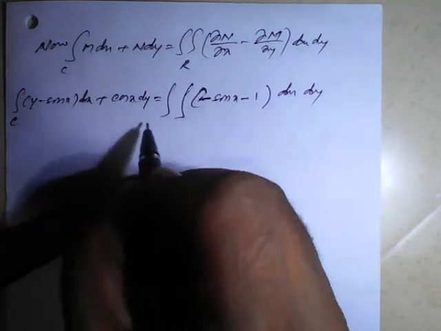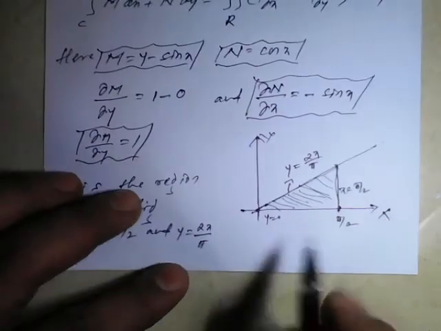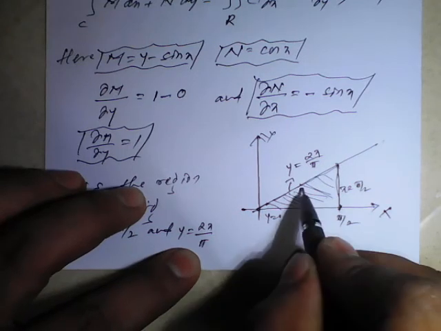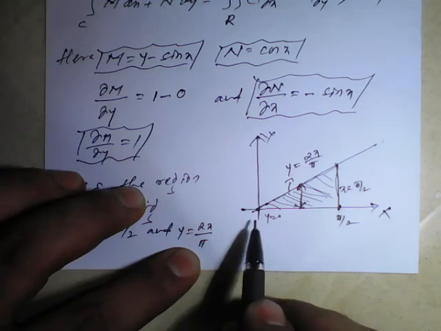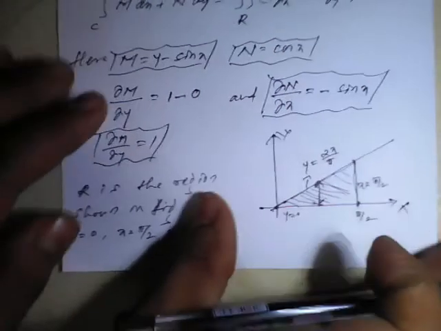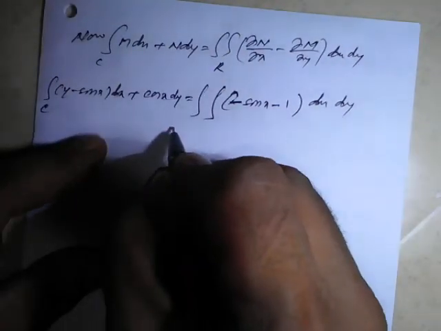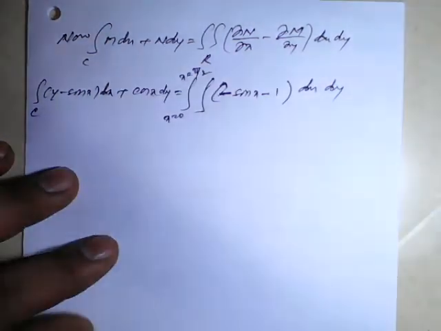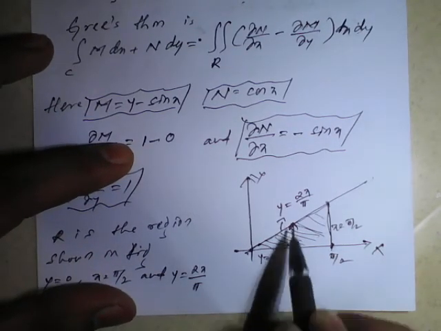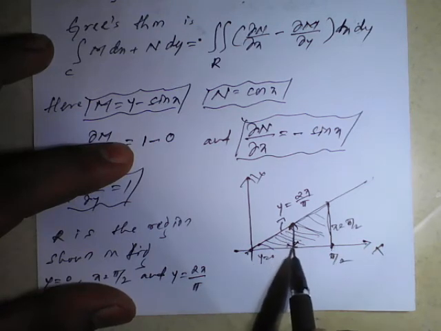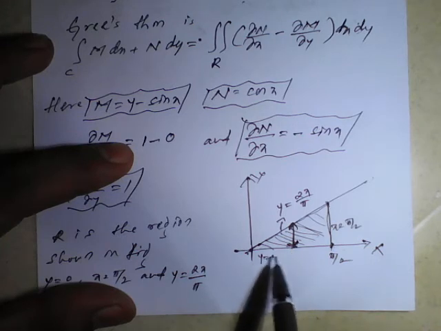So I will take the x-axis as the initial line. Then you need to take a strip perpendicular to the x-axis. So x varies from 0 to pi by 2 as the first integral limit, along the horizontal line. On this region, on the x-axis, you draw a perpendicular strip. The strip's lower part touches the x-axis, where y is 0.